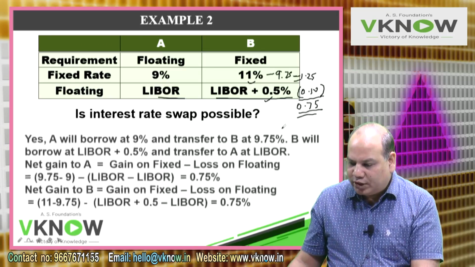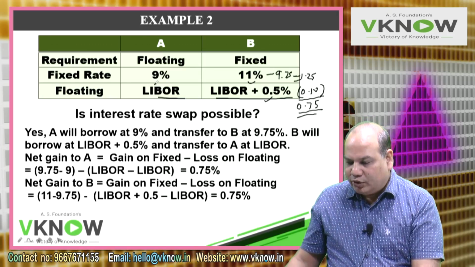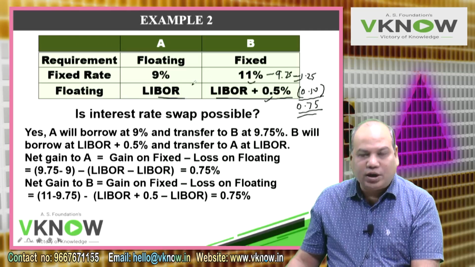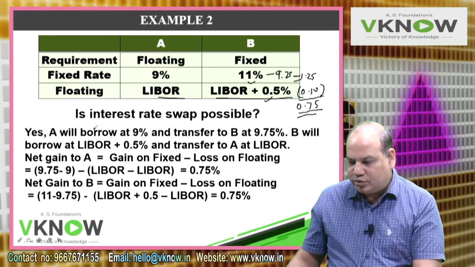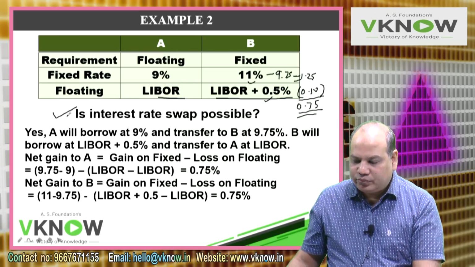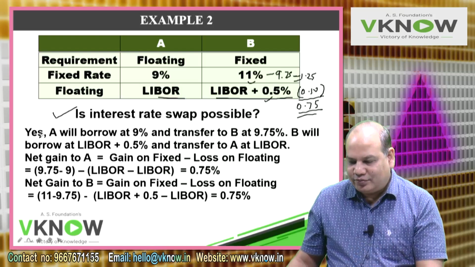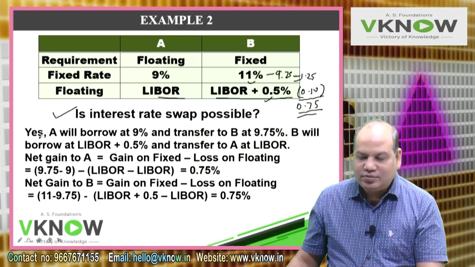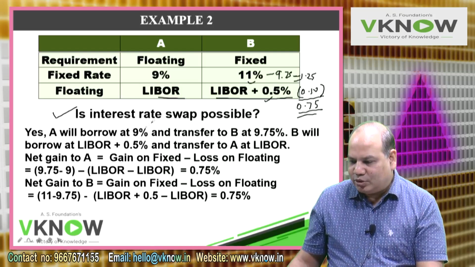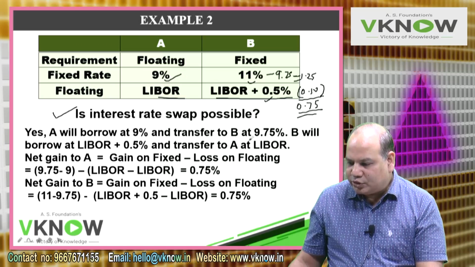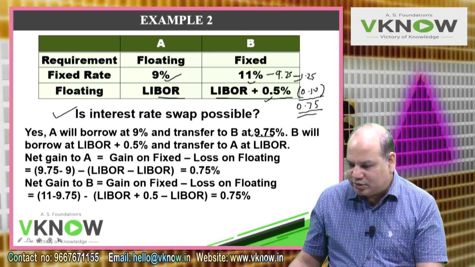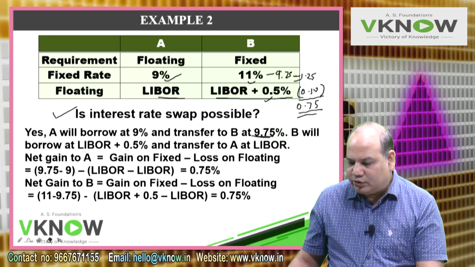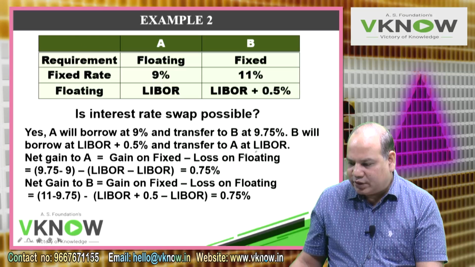So I'll first make you write this discussion, and we are going to solve the same problem one more time. So write down, the question was, is interest rate swap possible? So you say yes, it is possible. A will borrow at 9%, only then the swap process will start, and transfers to B at 9.75%, because both parties want to gain 0.75.